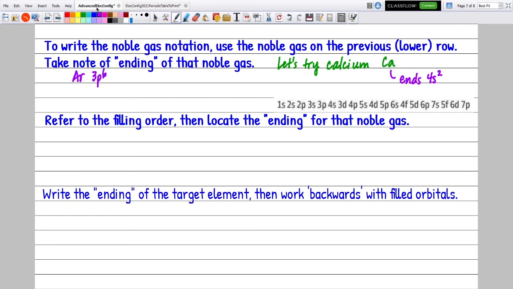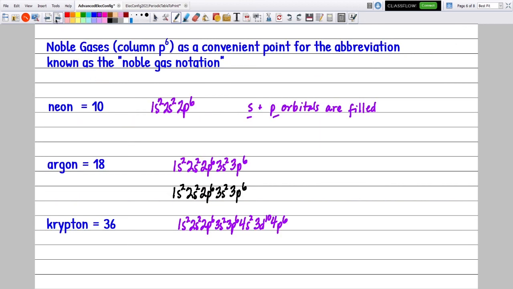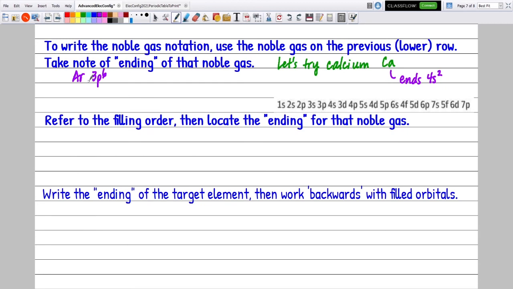That accounts for the first 18 electrons. And so if we write 3p6, this will be up to this point, all of this filled up is the argon configuration.